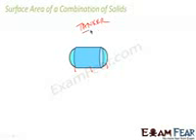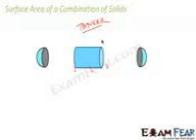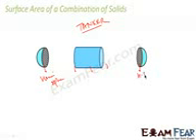This is a milk tanker, and if you break this, it is nothing but one cylinder and two hemispheres. This is a hemisphere, this is also a hemisphere, and this is the cylinder.